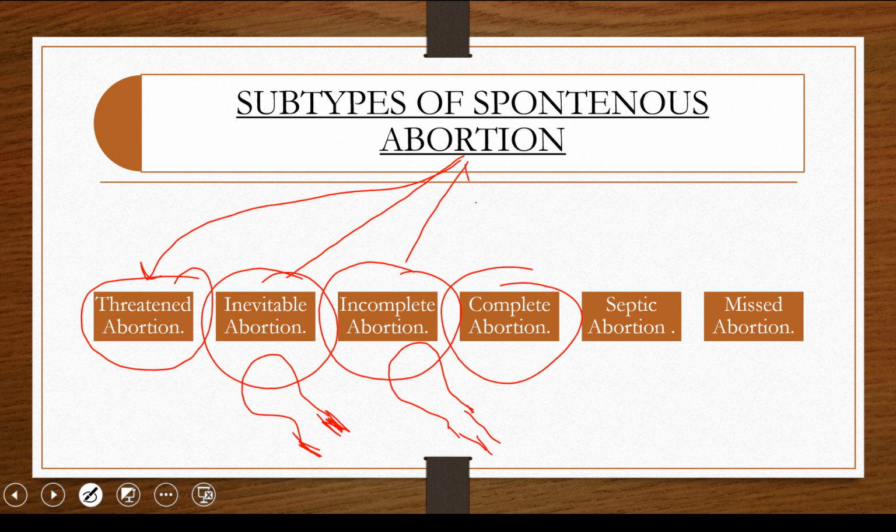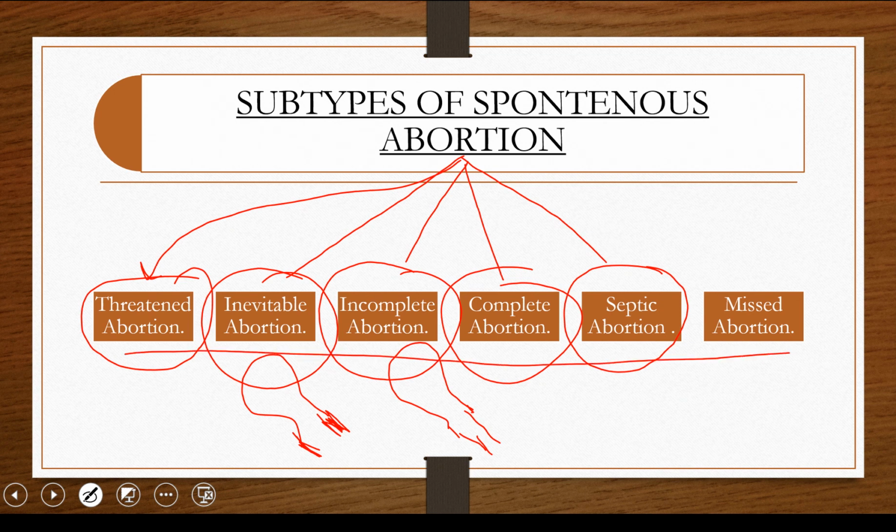Complete abortion is defined as when there is a complete expulsion of the fetal parts. Septic abortion is a kind of infection which occurs after any type of these abortions. Missed abortion is when there is an intrauterine death of the fetus.